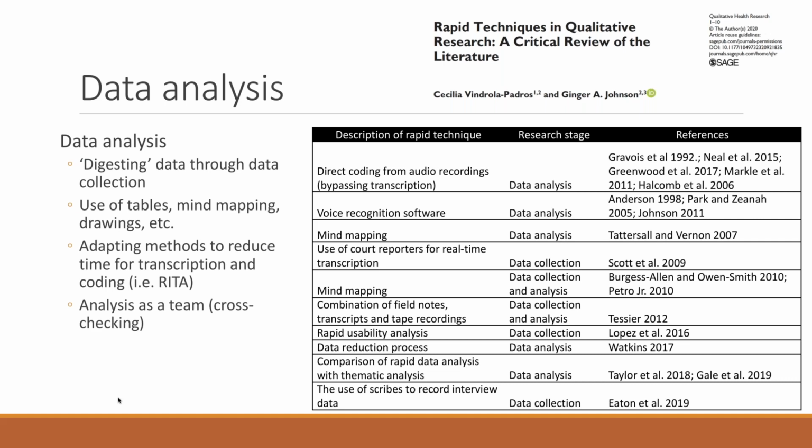And one of the key ones has been to bypass interview transcription or to tweak the way in which we transcribe. In some cases, in bypassing transcription, researchers have used different techniques to code directly from audio recordings, and you'll see a few authors here, with the Rita method being, I think, one of the most used ones.